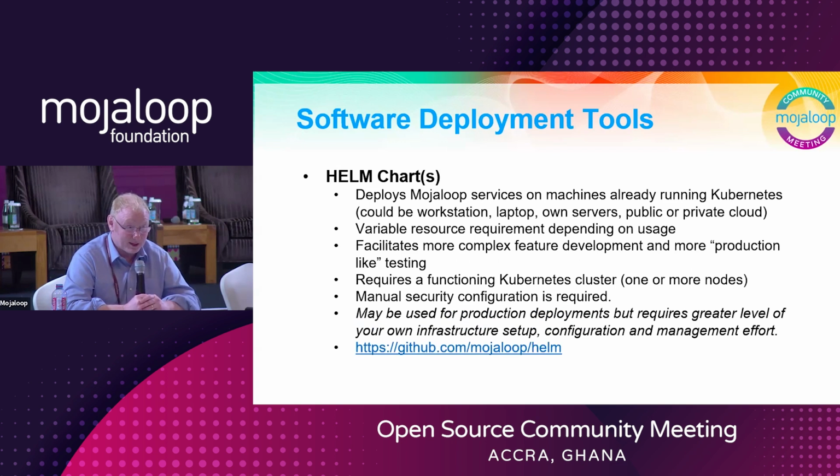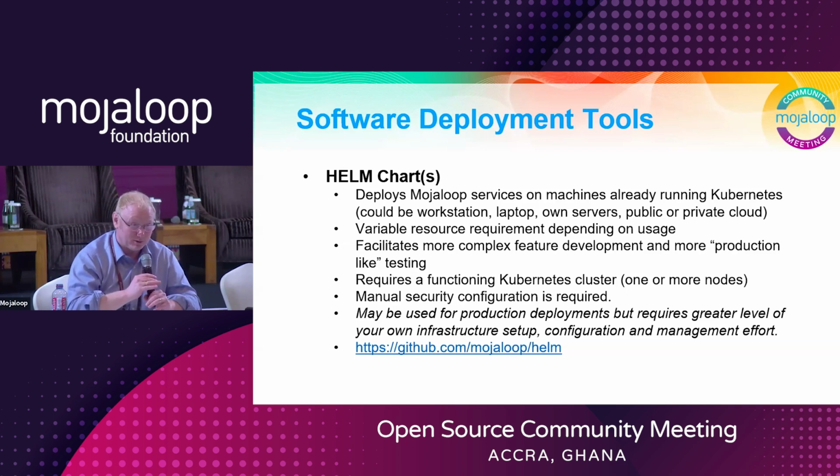And on top of that, Helm charts. Helm is just the name of the packaging software that we use to build the kind of bill of materials of services that we're going to install, that the installer will install. The Helm charts are used to deploy all the Mojaloop services onto one or more machines that are already running a Kubernetes platform.